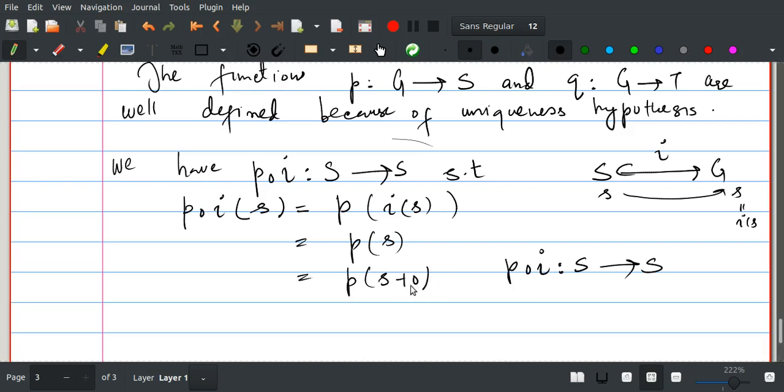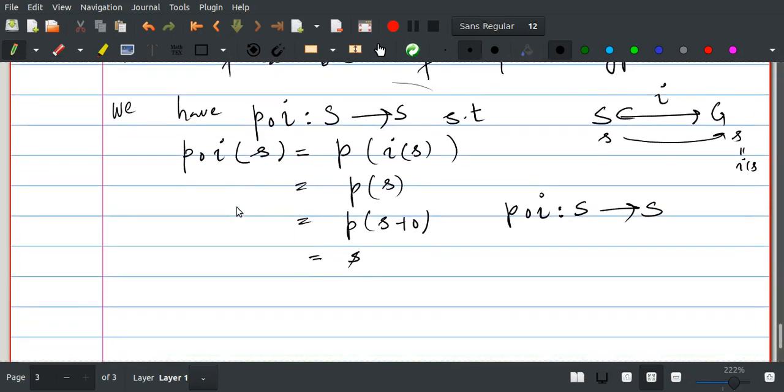Now P is projection of G onto S. So this is same as S. Now this P of I behaves as an identity map on S. Now what is ID on S?